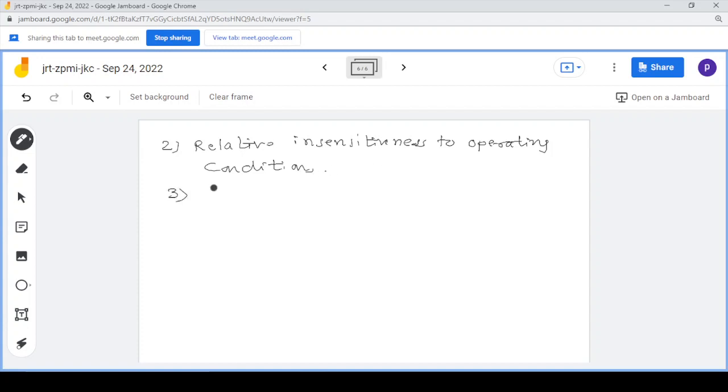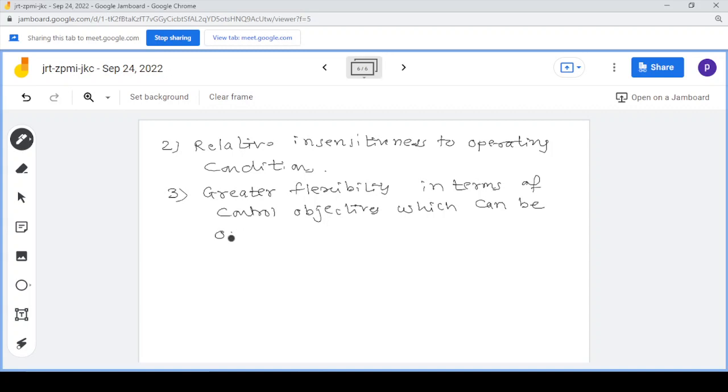Then the third advantage is greater flexibility in terms of control objectives, which can be optimized based on specific needs.